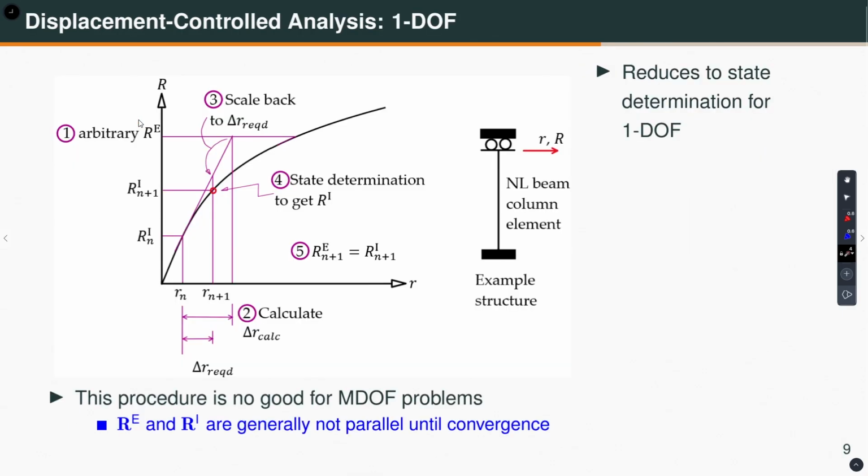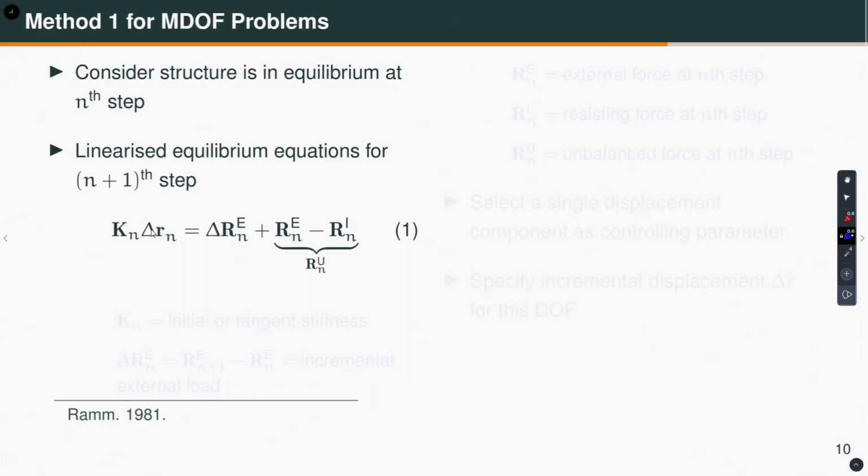So in other words, let's say this is the response and the structure is in equilibrium at this point. So that means at this point Re,n is equal to Ri,n. Now I am trying to write down the linearized equations of equilibrium for the n plus 1th load step, and I am still applying external incremental load.